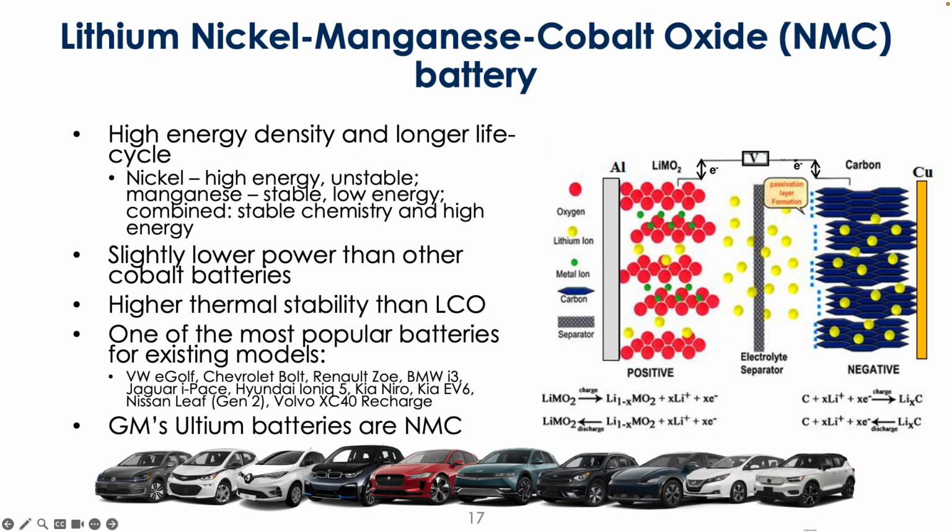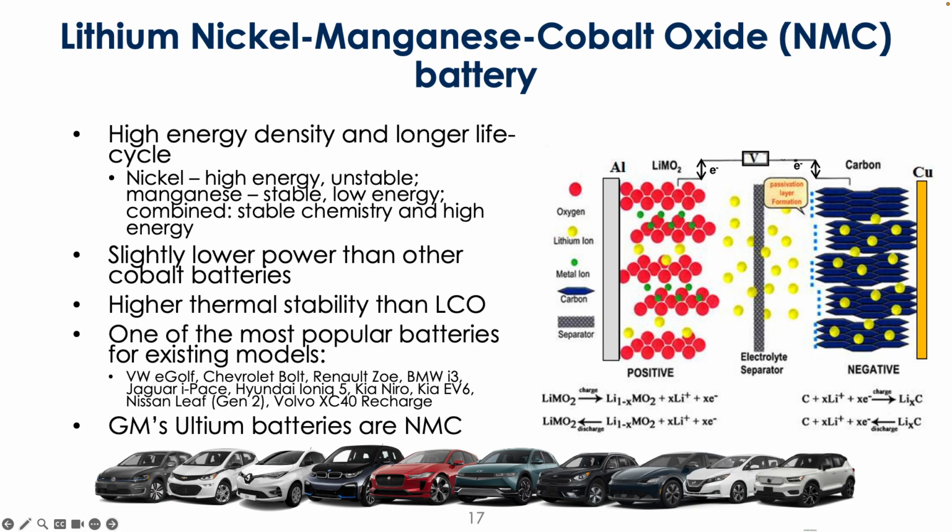So if you're not Tesla, the big one that I would say most other automakers were using was nickel, manganese, cobalt. So instead of aluminum, you've got manganese in there, and this has slightly different properties. So high energy density, longer life cycle. The nickel is less stable, but combined with manganese helps to get the best of both worlds, where you have a more stable chemistry as well as high energy.